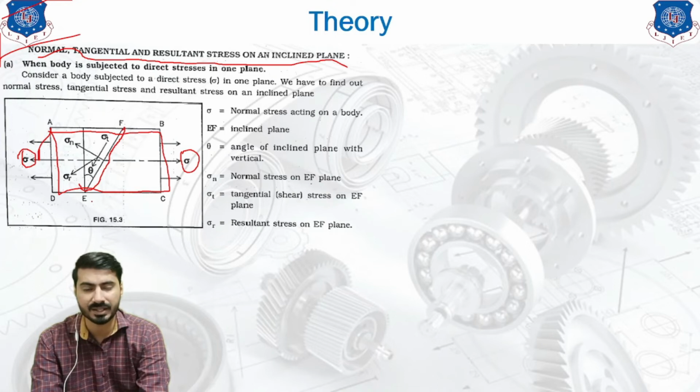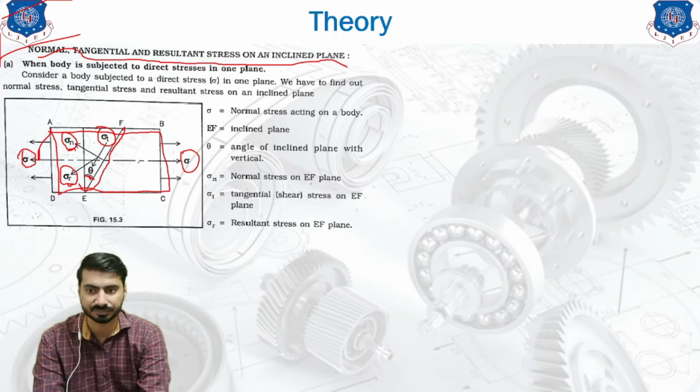EF is our inclined plane, which is at an angle theta, as you can see in your diagram, and we are interested in finding out the normal stress. Normal stress is sigma n, tangential stress is sigma t, and resultant stress is sigma r. The resultant is the resultant stress value of normal and tangential.